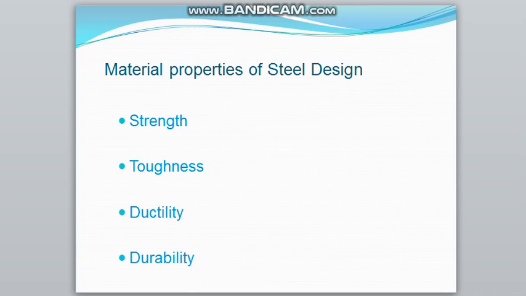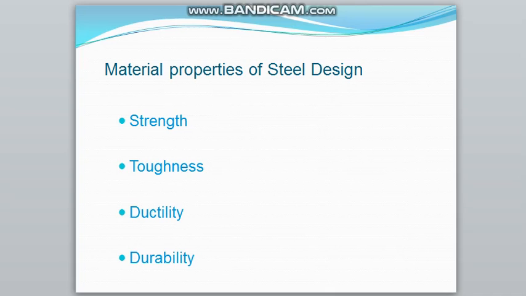Now we'll discuss durability. Durability is one of the important primary factors that influence the material properties of steel.